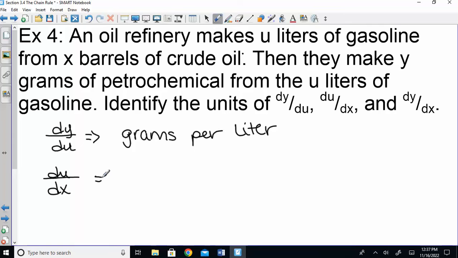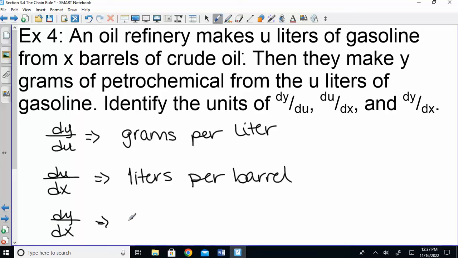So what would du dx represent? U is liters per barrel. x is barrel. And dy dx.